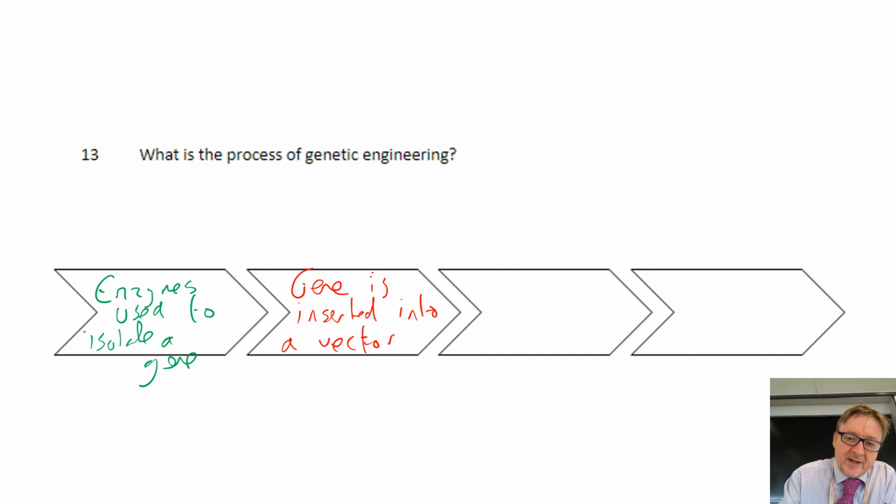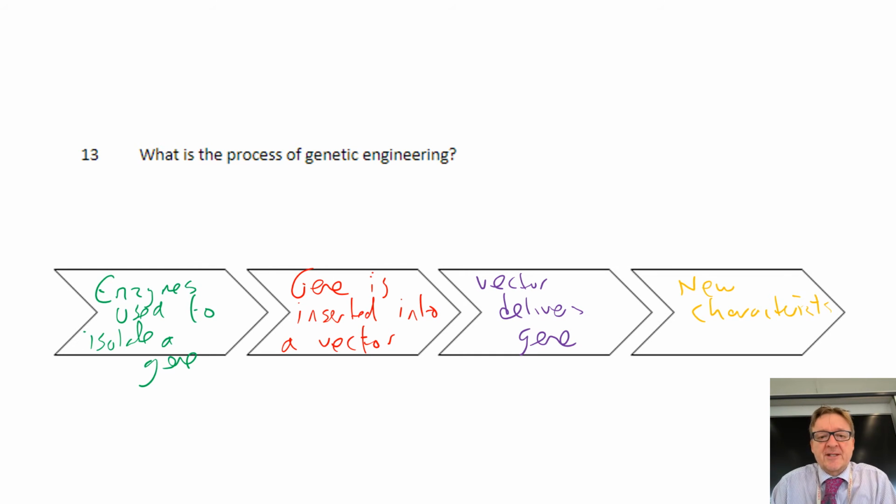Then the vector delivers the gene. And the final stage is that new characteristics develop.